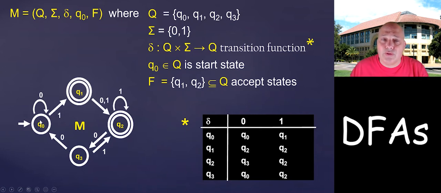If you're in Q0, you read 0, you stay put. If you're in Q0 and you read 1, you move to Q1. So with this, we formally specified this DFA. You can see that especially the transition function is going to grow and be very large when the number of states is larger, and therefore we may not always choose to write it down as formally.